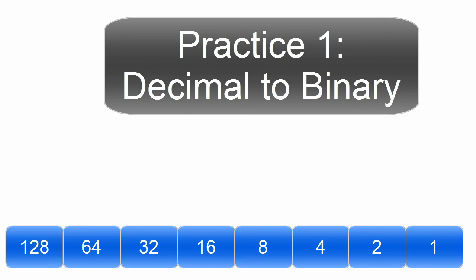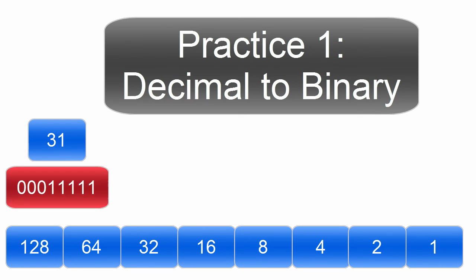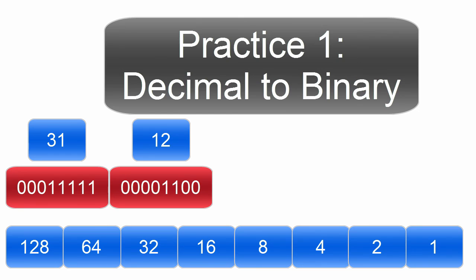Alright, so let's see how you did. For the first octet, I gave you 31. You should have gotten 0, 0, 0, 1, 1, 1, 1, 1. For the second octet, I gave you 12. You should have gotten 0, 0, 0, 0, 1, 1, 0, 0.